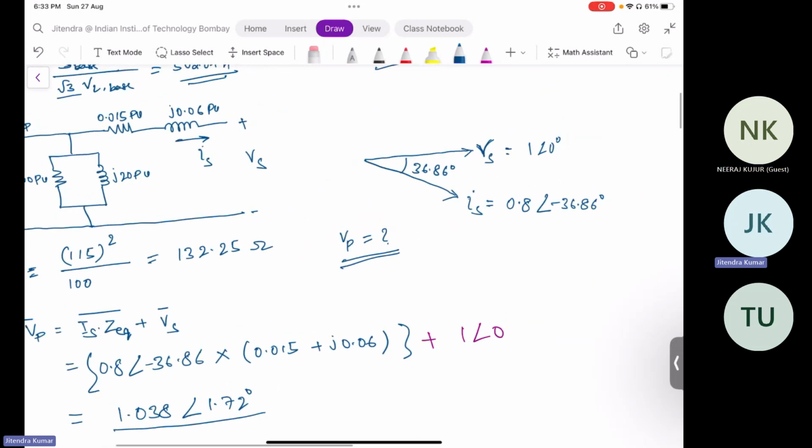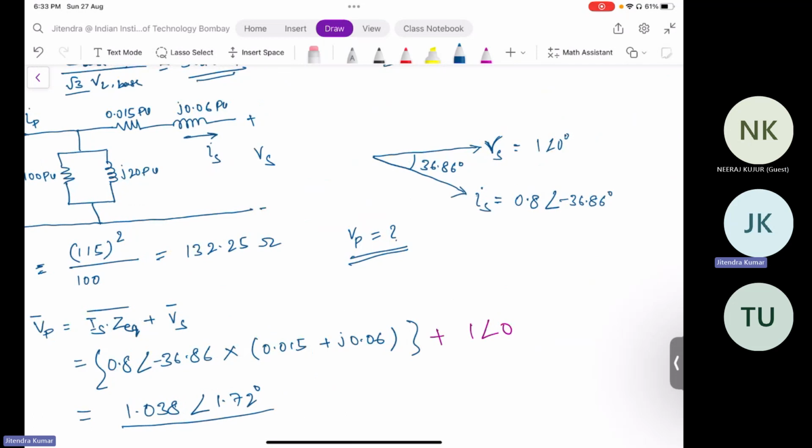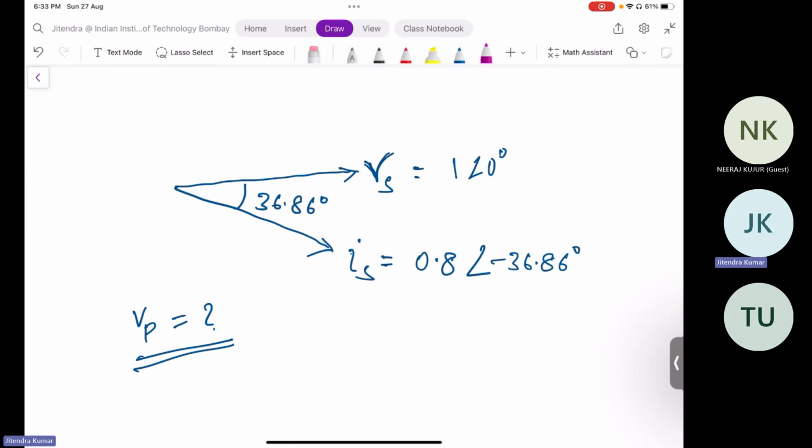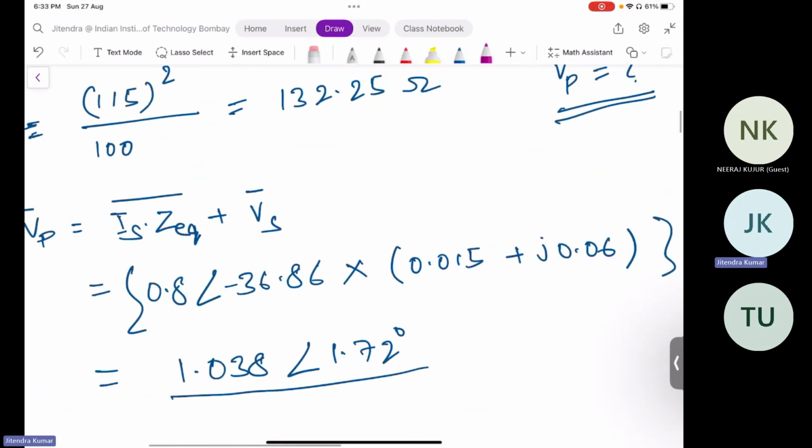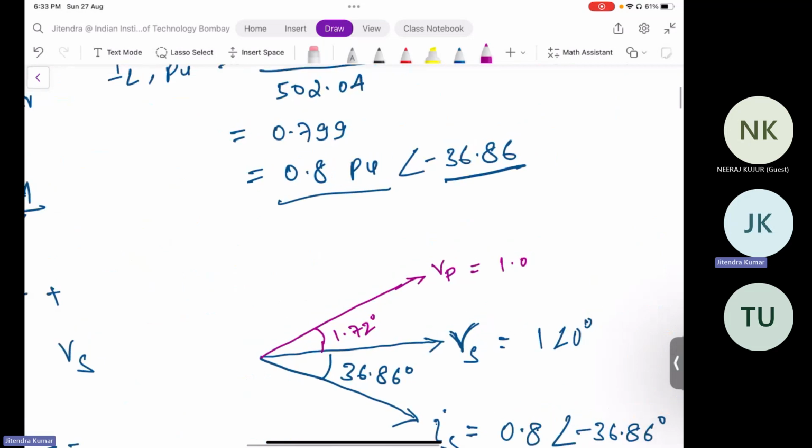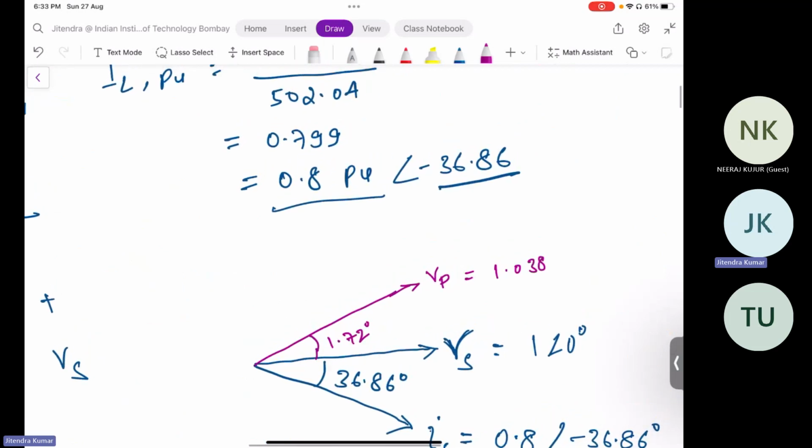Now we have the primary voltage magnitude as well as angle, so we can conveniently draw it. It is leading by 1.72 degrees. 1.038 at an angle 1.72.